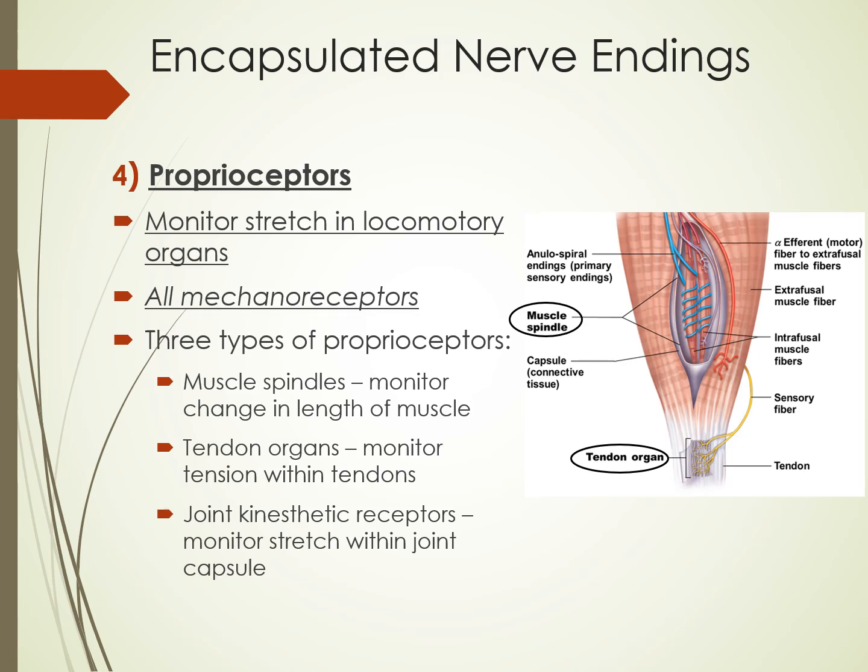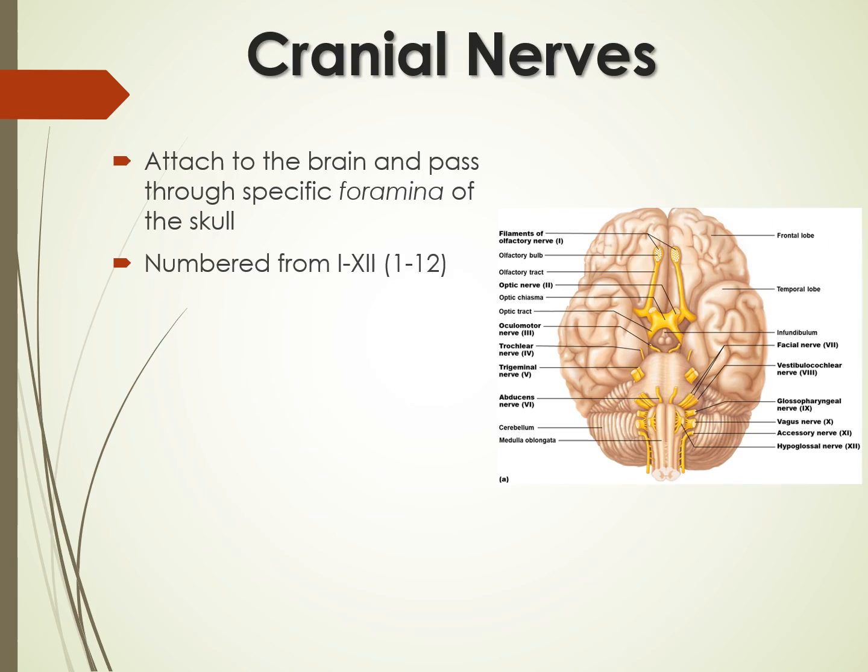Just know the three main locations of where these proprioceptors are found and what they monitor. We know that they're going to monitor stretch within the muscle and the tendon, tension, and joint capsule stretch, right? So it tells us what our body is doing and where it is in space, okay?